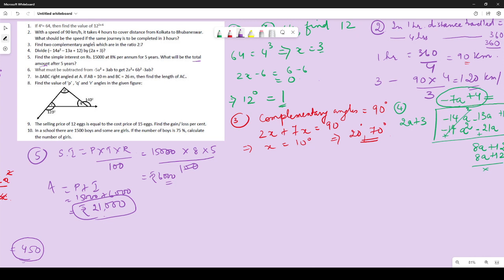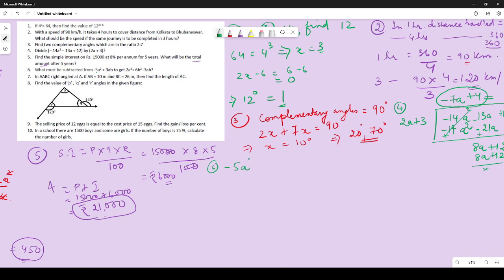Let us move on to the next question, question number 6, which is what must be subtracted from minus 5a square plus 3ab to get this number. Now from means this number goes in the front.